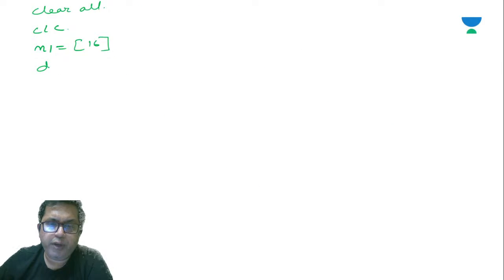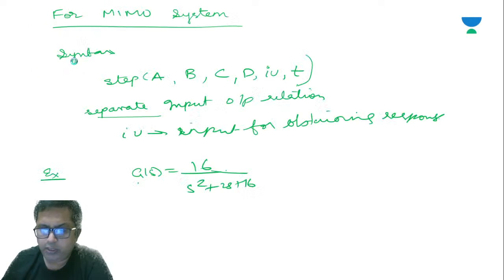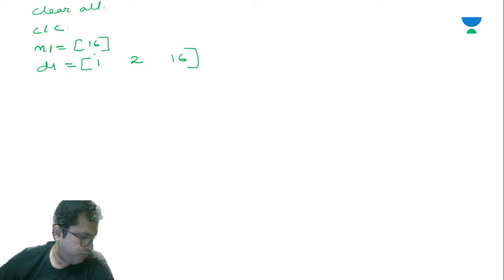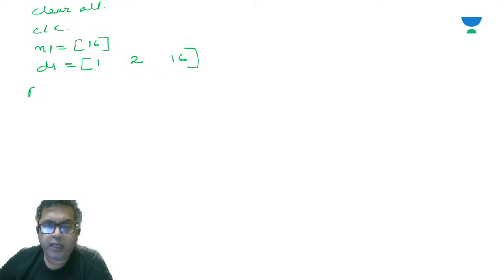The denominator polynomial d1 is equal to coefficient of s square is 1, coefficient of s is 2, coefficient of constant term is 16. So I will get 1, 2, 16. Then I will print the system transfer function, print sys(n1, d1).